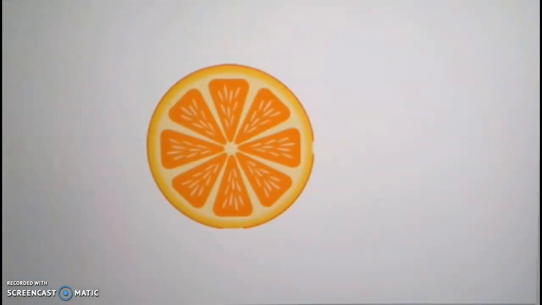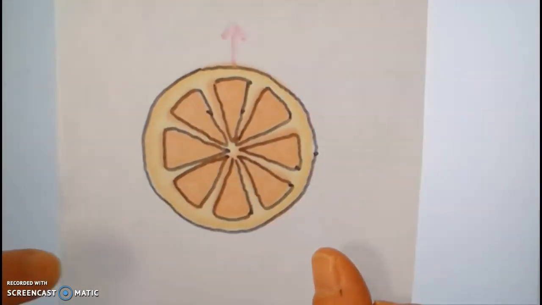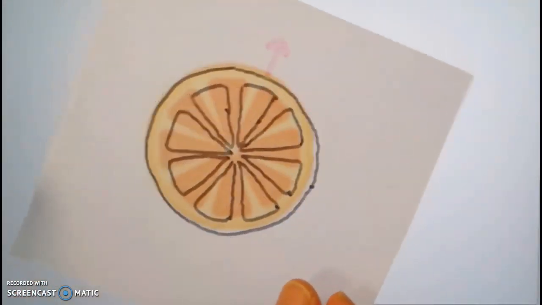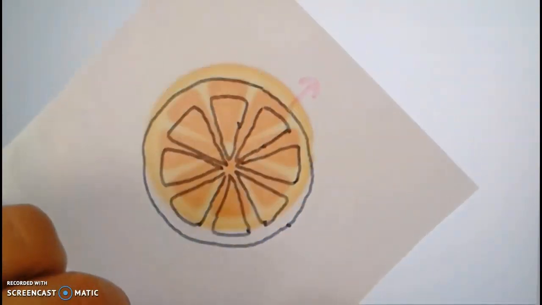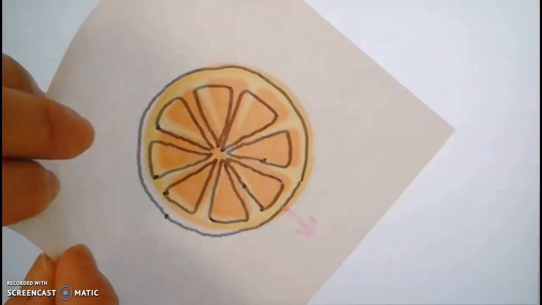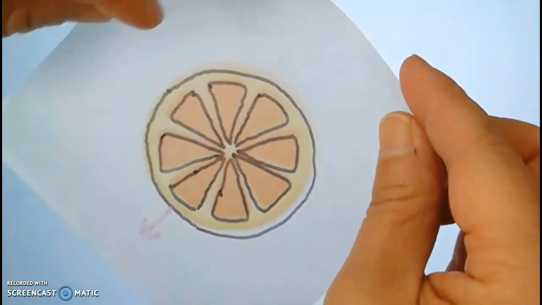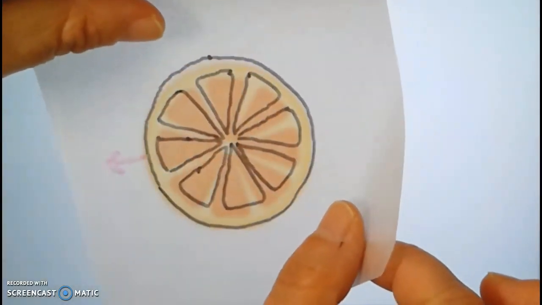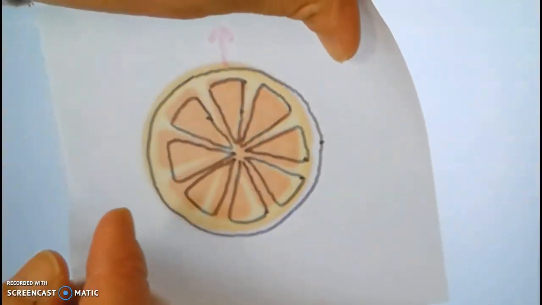What about this orange slice? If I trace the image and start turning, does it match up? Yes, exactly right there. That's once, twice, 3 times, 4 times, 5 times, and then 6 times, 7 times, and then 8 times.